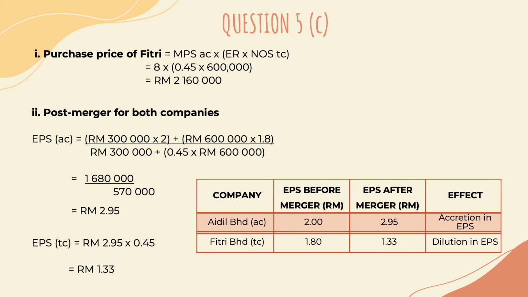Number 2, calculate the post-merger EPS for both companies using the formula: (3,100 times 2 plus 600,000 times 1.8) divided by (300,000 plus 0.45 times 600,000), which equals RM2.95. For EPS TC, EPS AC times MPS equals RM1.33. The table shows that company IDEAL Berhad shows an accretion in EPS and there is a dilution in EPS for FIN3 Berhad.